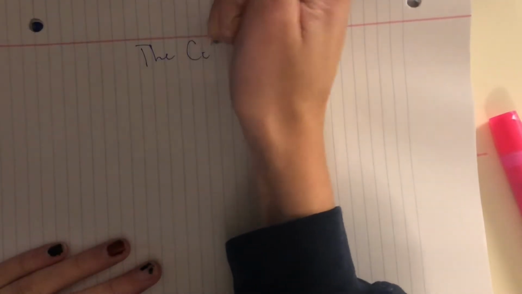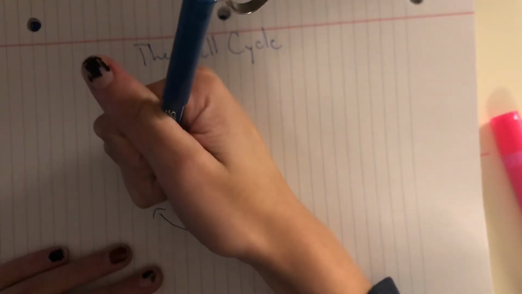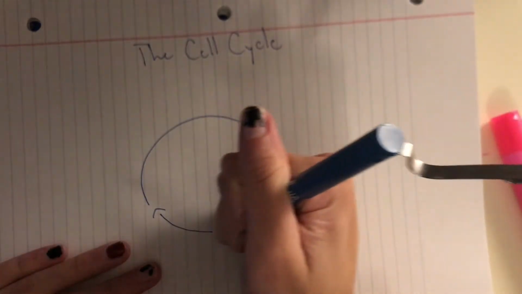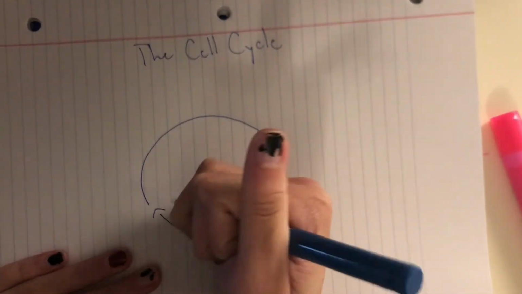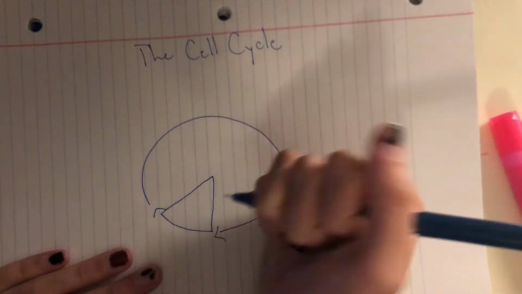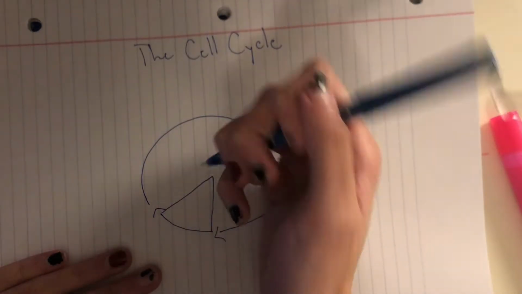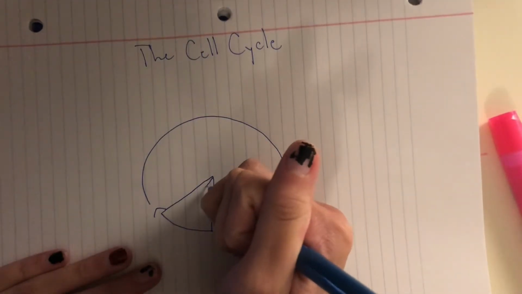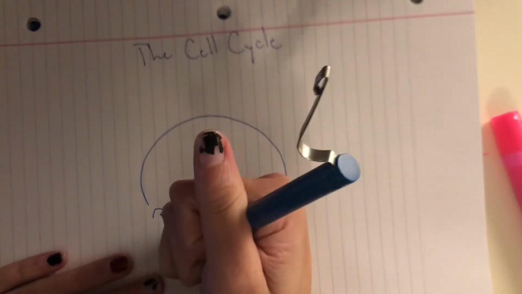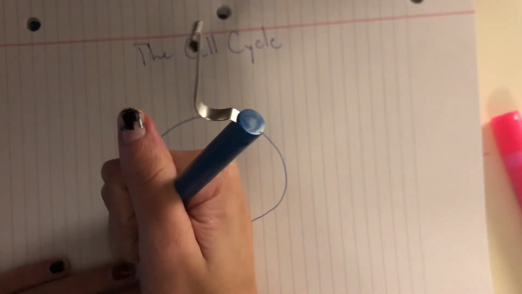First, we're going to look into the cell cycle for somatic cells, and it consists of two parts. About 10% of the cell cycle is spent in mitosis, and mitosis consists of two parts, actual mitosis and cytokinesis.